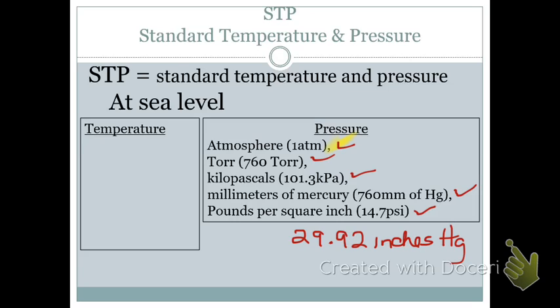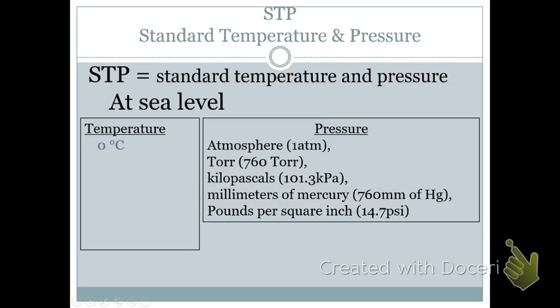Well, standard temperature is the temperature at which water freezes. Well, we already know that the standard temperature at which water freezes is 0 degrees Celsius. And if it's 0 degrees Celsius, I have C, I add 273, and that is going to give me 273 K.